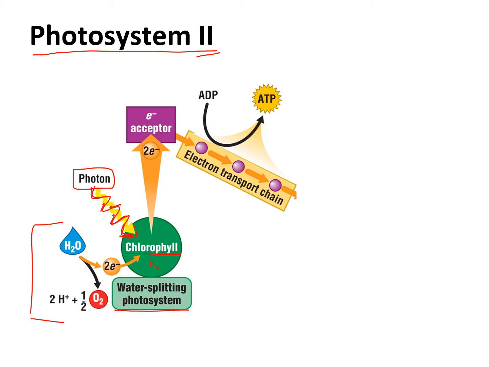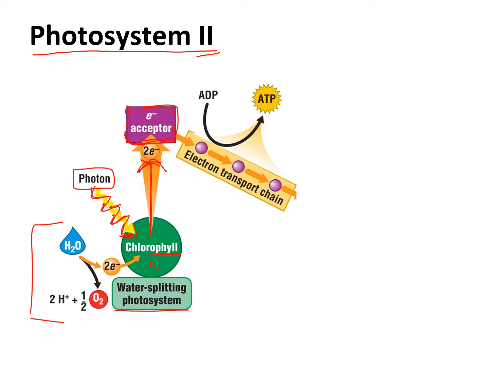And once it is transferred to that chlorophyll A, this electron has had so much energy transferred to it, and it's in such an excited state that it's going to leave the chlorophyll A and it's going to transfer to an electron acceptor. So an electron acceptor is an actual molecule. So that electron is going to leave that reaction center chlorophyll, be transferred to an electron acceptor.